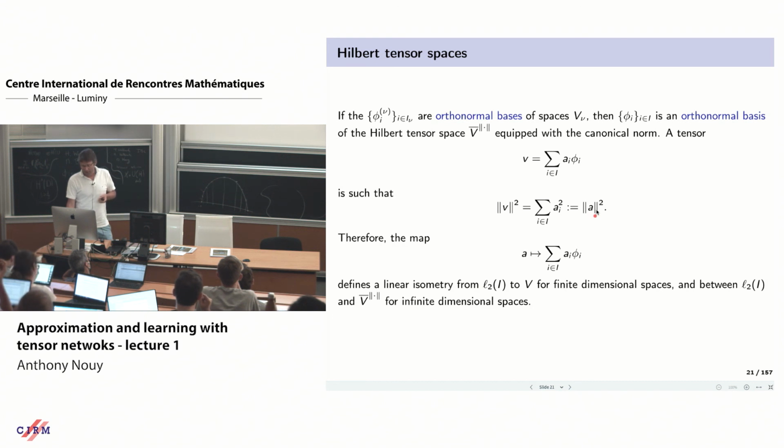Okay? So the map which associates to a tensor of coefficients a the tensor which is the sum of a_i φ_i defines a linear isometry between ℓ2(I) and V for finite dimensional spaces, and between ℓ2(I) and the completion of V for infinite dimensional spaces.